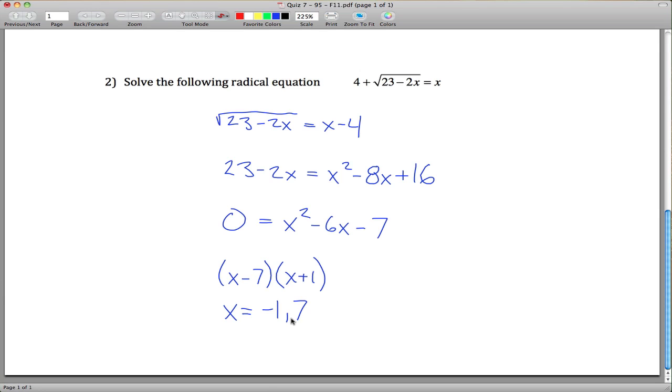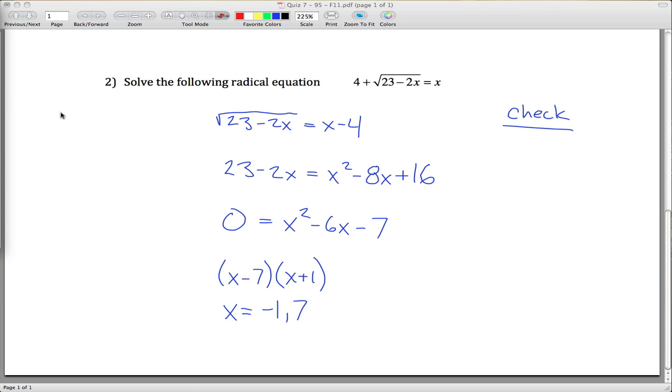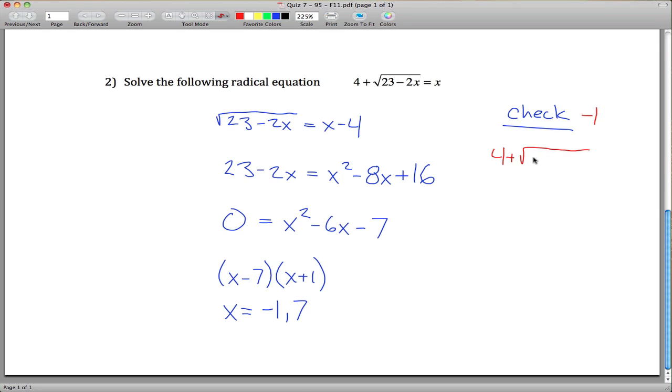Let's see. Well, I guess we can just check them both. First we'll check negative 1. 4 plus the square root of 23 minus 2 times negative 1, which is the same as plus 2. And we want to know, is that equal to negative 1?